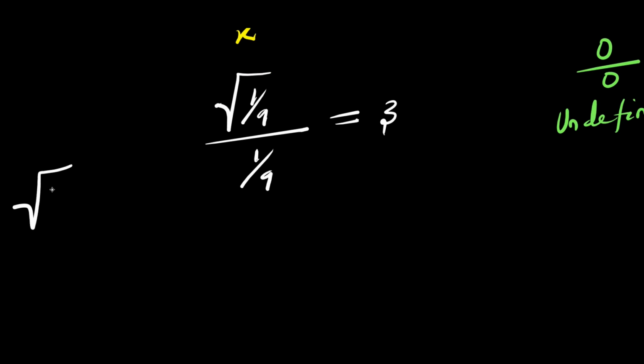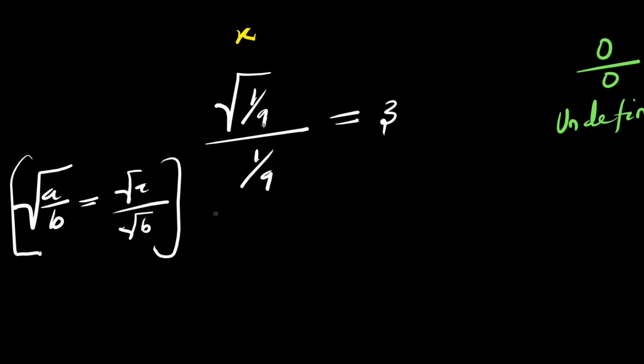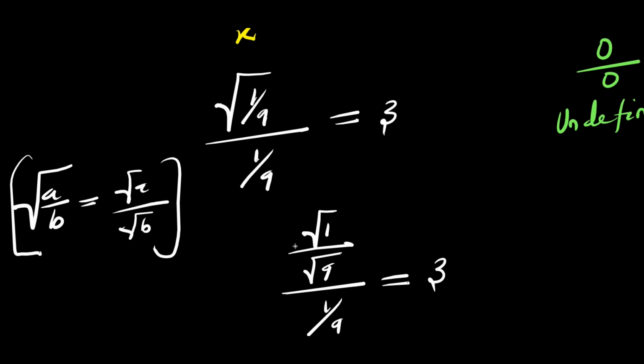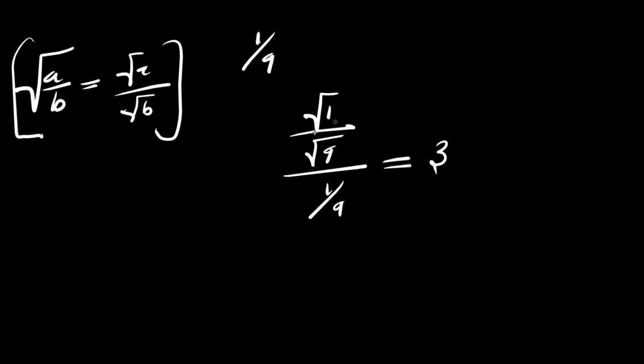Now if you have square root of a divided by d, this equals square root of a divided by square root of d. So square root of 1 over 9 is the same thing as square root of 1 divided by square root of 9, divided by 1 over 9 equals 3. So square root of 1 is 1, divided by square root of 9 is 3, divided by 1 over 9 equals 3.